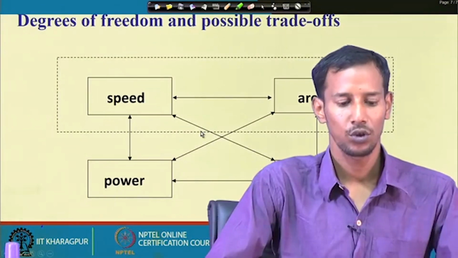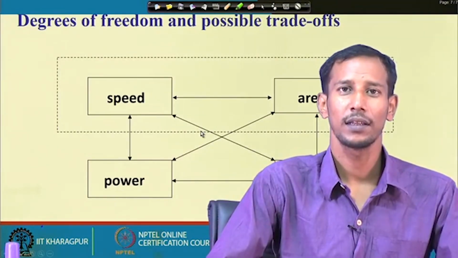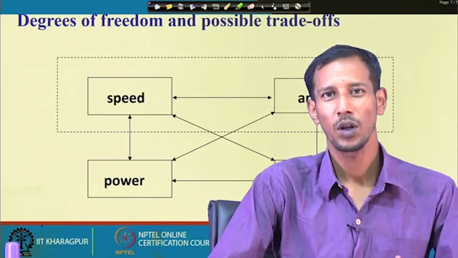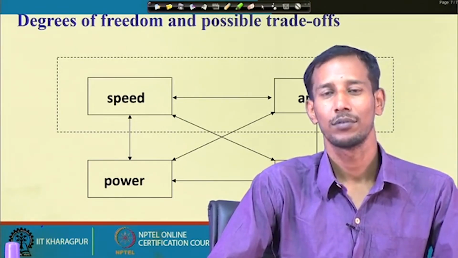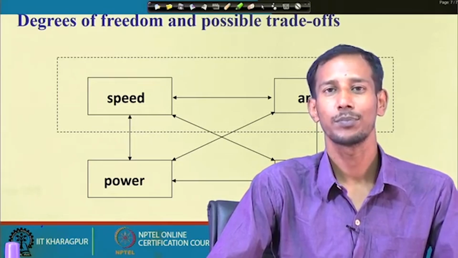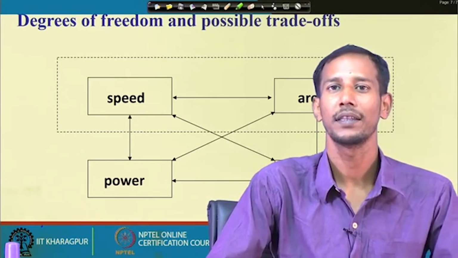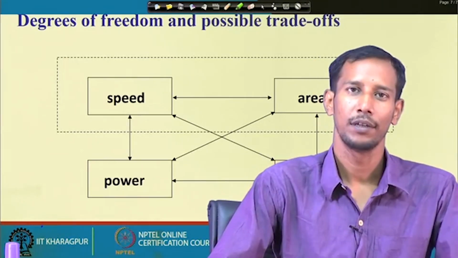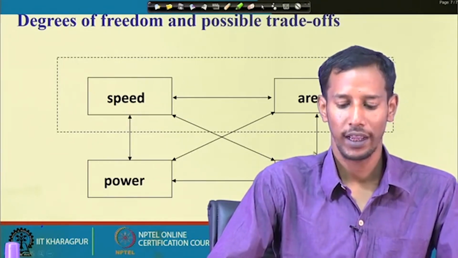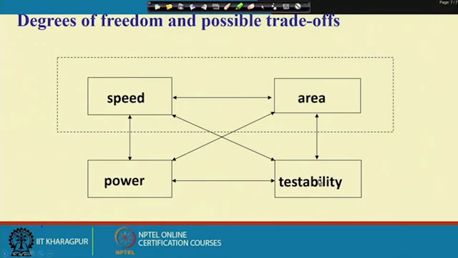As I said, there is a strong relation between speed, power and area; these are the major constraints in your VLSI system design. Another thing is testability.